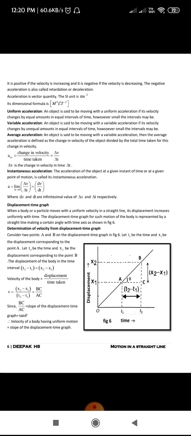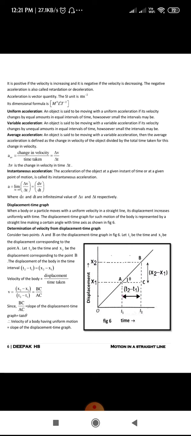Acceleration is a vector quantity, it has both magnitude and direction, and the SI unit is meter per second square. So this is regarding acceleration. Next, coming to uniform acceleration. An object is said to be moving with a uniform acceleration if its velocity changes by equal amounts in equal intervals of time, howsoever small the intervals may be.